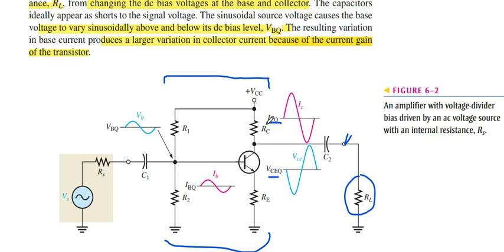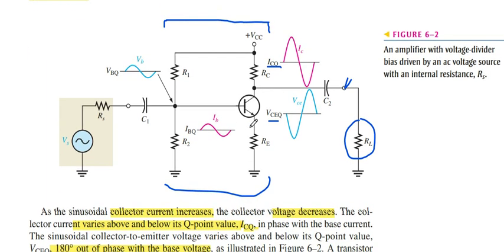So we always get the output signal at ICQ, not VCEQ. Our output is always at this point, not at these two collector and emitter points. I erase it.